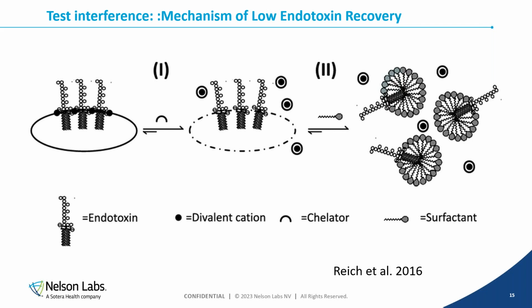If a chelator is present, it will capture those divalent cations and destabilize the aggregates of the endotoxins. Subsequently, the surfactant will completely destroy the aggregates. And of course, as I told you, if we no longer have endotoxin aggregates, you won't find any endotoxin activity in your assay.